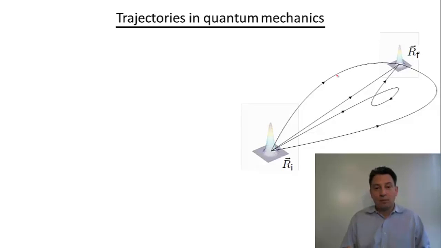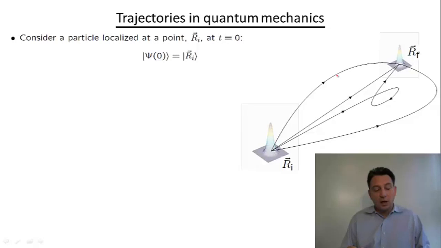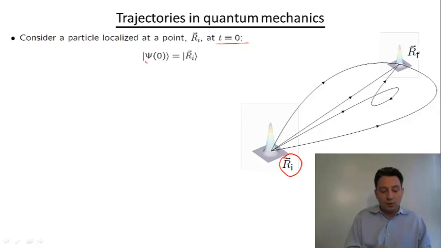Now, at the operational level, it involves the following construction. Let's assume that at an initial moment of time t equals 0, our quantum particle was localized in the vicinity of the original point r sub I. By localized, I mean that its initial wave function psi of t equals 0 is equal to |r_I⟩, this ket vector, which represents the eigenvector of the position operator corresponding to this point.